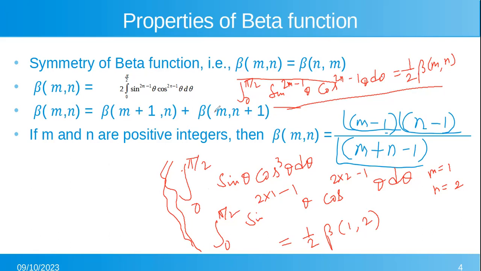For that we need more space, so go to the whiteboard. Don't worry, I have a whiteboard also. So now tell me, what was the example? Yes, 0 to pi by 2 of sine theta and cos to the power 3 theta, and using the substitution method we can easily solve this one.